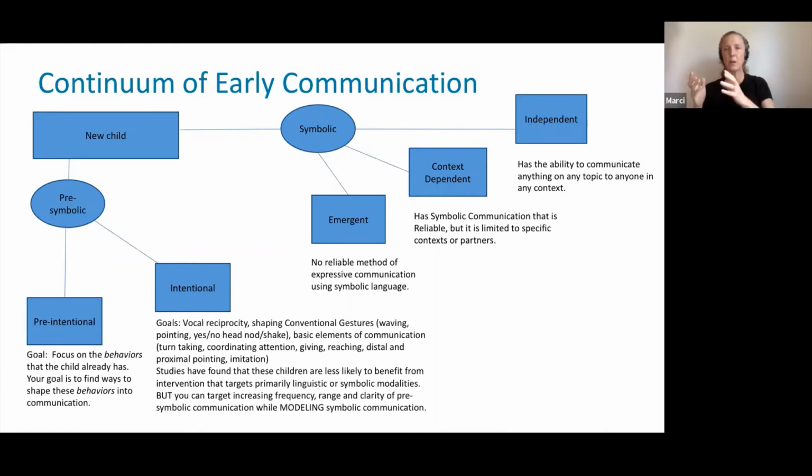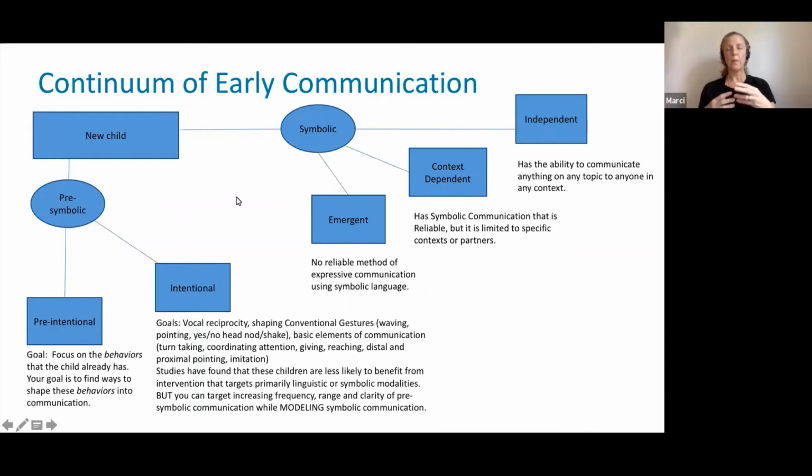And then also a continuum of communication competence is a term that shows up in the AAC world, where we're looking at how competent a child is in their ability to communicate using AAC materials. So I've bridged all of that, and what you can see is for every child, we're going to put them into the realm of either being a pre-symbolic communicator or a symbolic communicator.